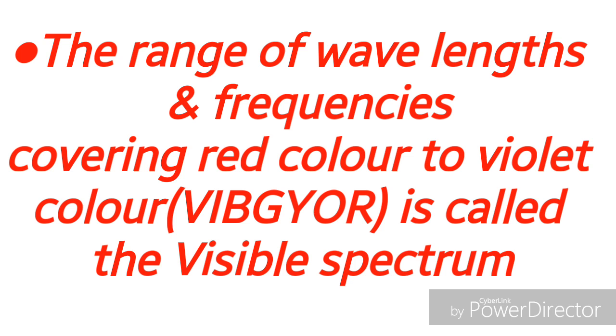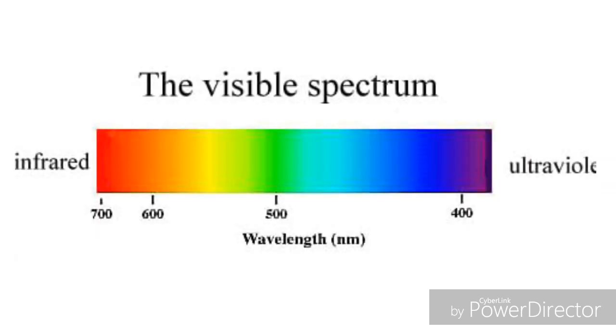The range of wavelengths and frequencies covering red color to violet color is called the visible spectrum. Here you can see the diagram of the visible spectrum. Students, you might have observed rainbow during rainy season.